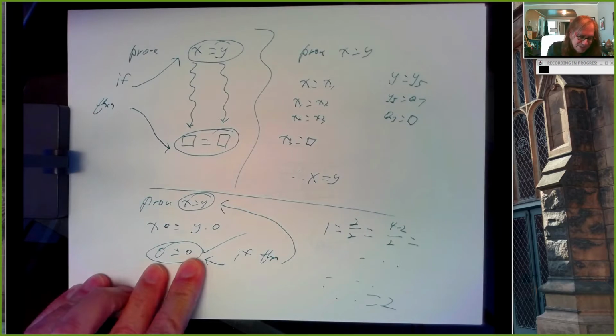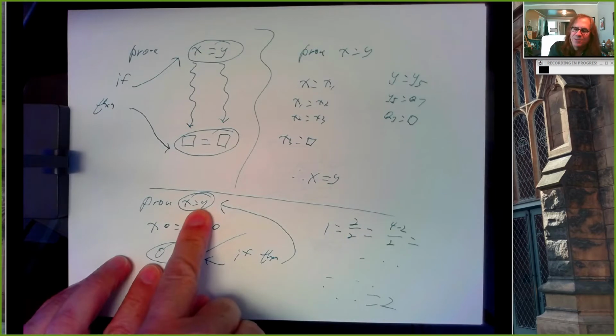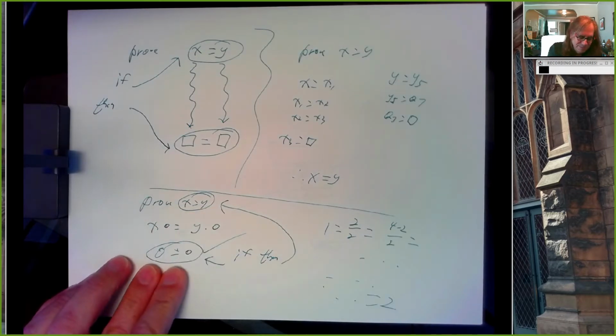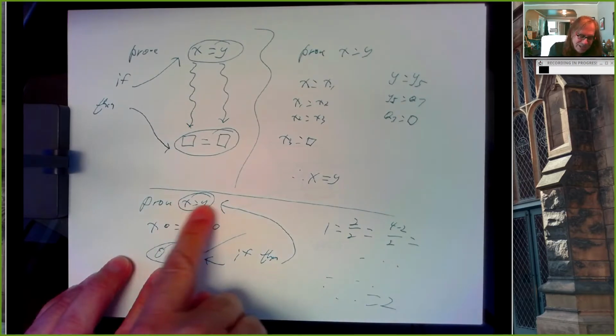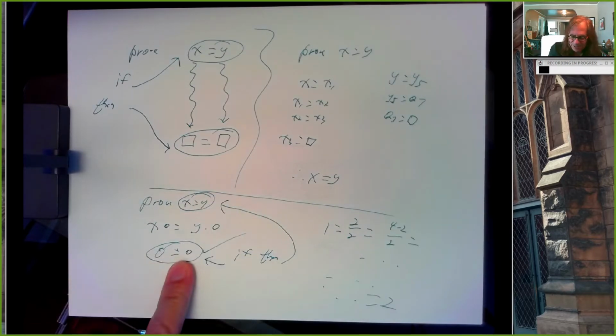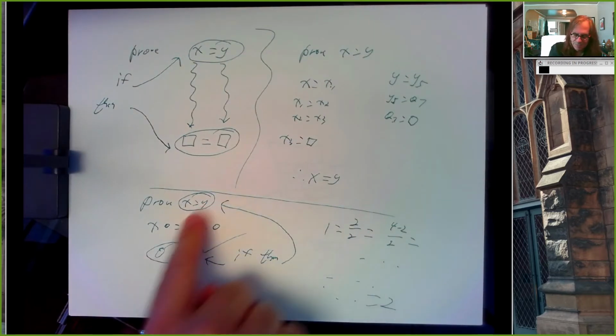But I think you'll see that this fact does not prove that fact, right? All I've proven is that if x equals y, then 0 will equal 0. But if x did not equal y, 0 would still be equal to 0. So this does not tell me anything about the truthfulness of that.